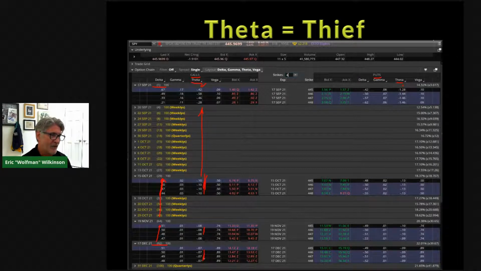So we want to avoid this scenario. And I'm telling you, folks, if you're watching TV or mainstream media, they're telling you to buy options here. That's the worst advice I've ever heard in my life. Okay? You have to have that immediately happen in your favor. Otherwise, you're going to be losing money.